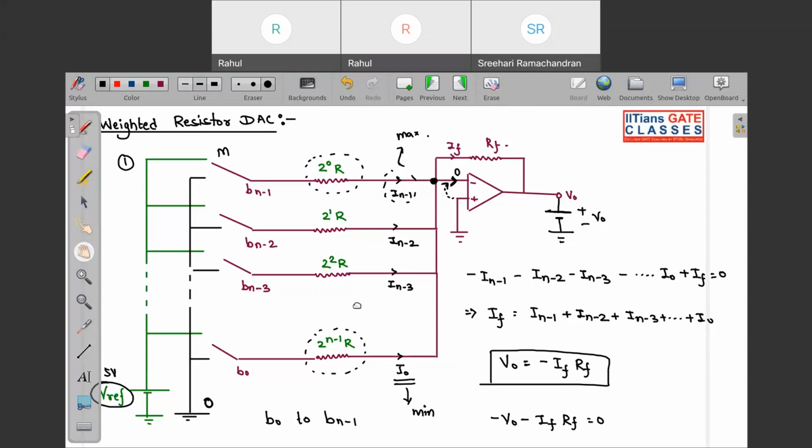We are using n different resistors over here, starting from 2 to the power 0 R to 2 to the power n minus 1 R. That is a very problematic circuit to create, because resistors are bulky. More resistors are required, so this circuit is avoided.